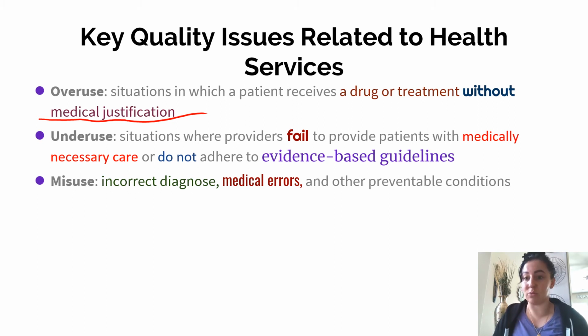That's misuse. A lot of misuse is just accidental, preventable conditions. So things that didn't have to happen, but they did. You diagnosed them incorrectly, you gave them something they shouldn't have had, maybe you didn't pay attention to something, maybe you couldn't read something, whatever, but it resulted in something that could have been prevented.